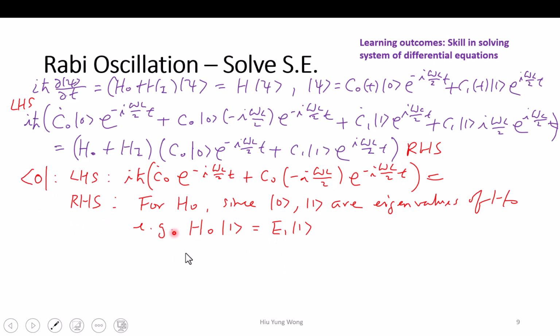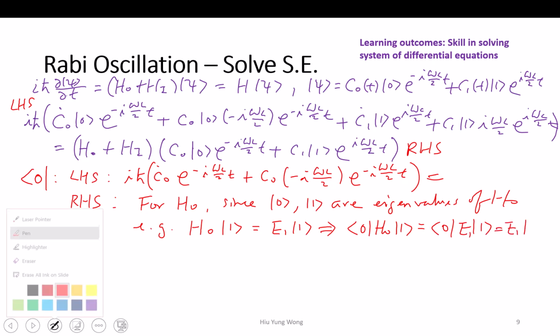But then when I apply 0 to it, I'm going to get E1 times the inner product of 0 and 1, so the whole thing is 0. This term will be gone. But on the other hand, the 0 term will stay there, right?